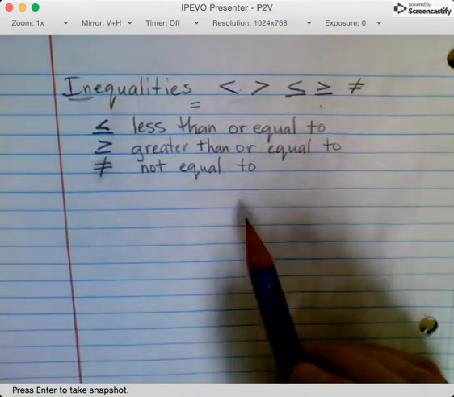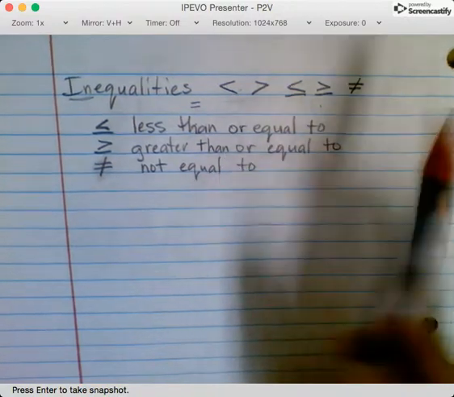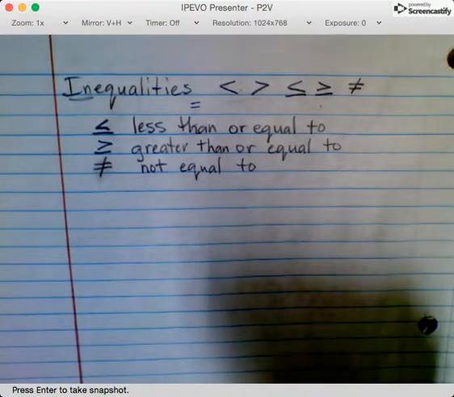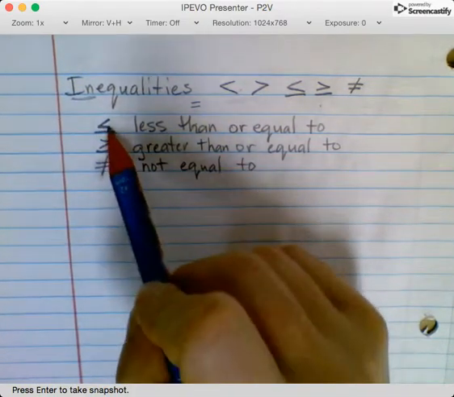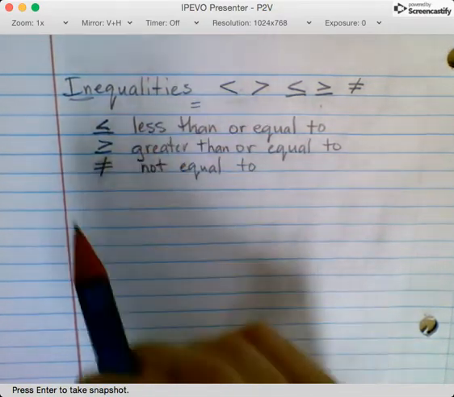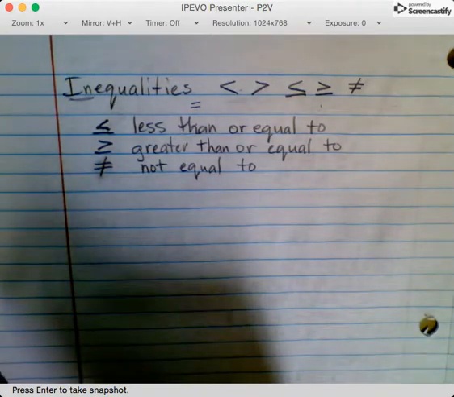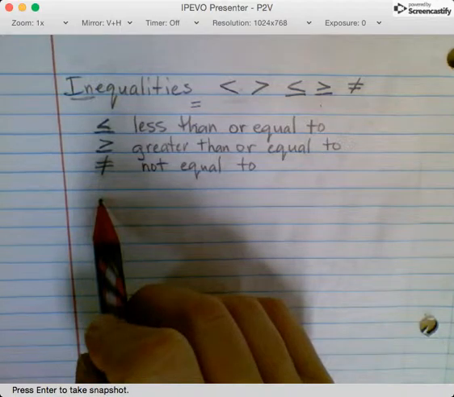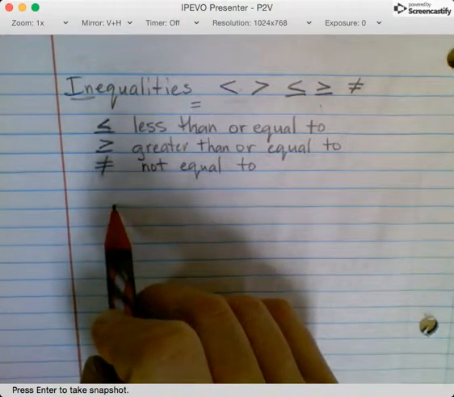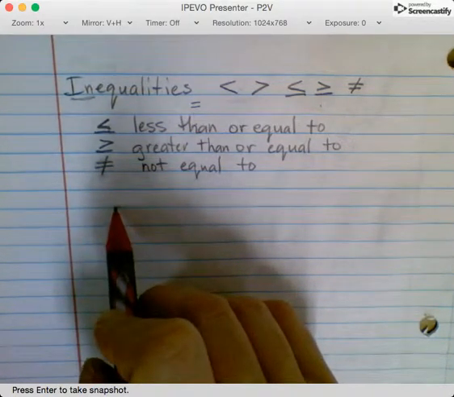On these types of problems, you may have more than one solution. For example, if I have this less than or equal to, I could say that my answer is less than or equal to 9. That means it could be 9.